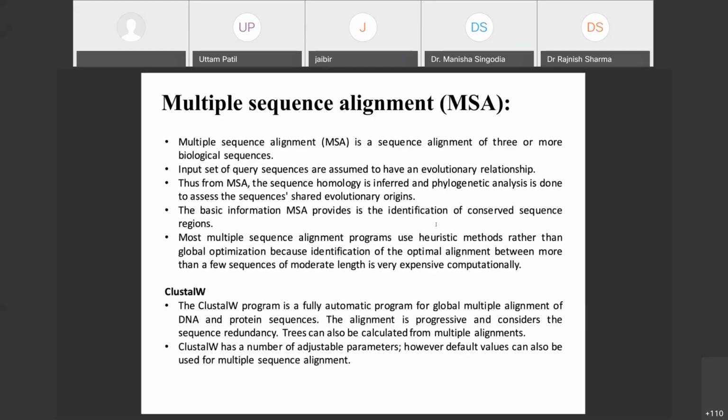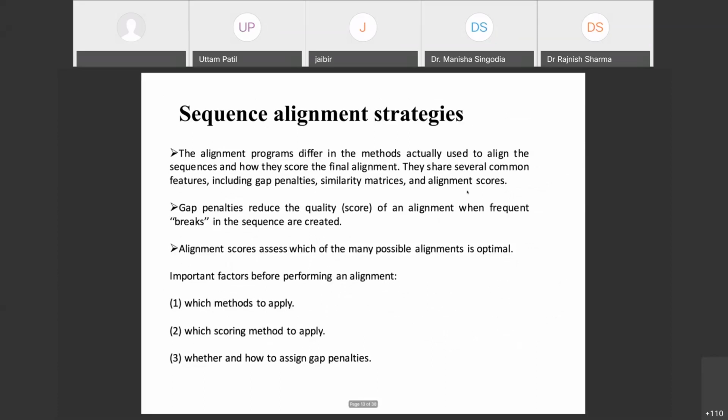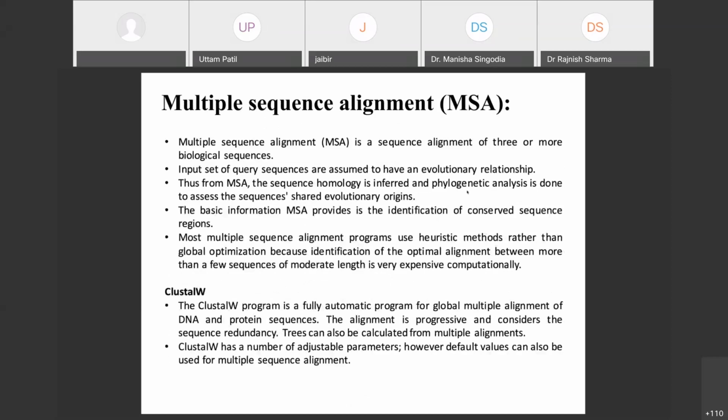Now coming on to multiple sequence alignment. So far what we were discussing was the alignment of only two sequences, right? Now we go for multiple sequence alignment. What happens if you have multiple sequences to align over each other? Multiple sequence alignment is defined as a sequence alignment of three or more biological sequences.